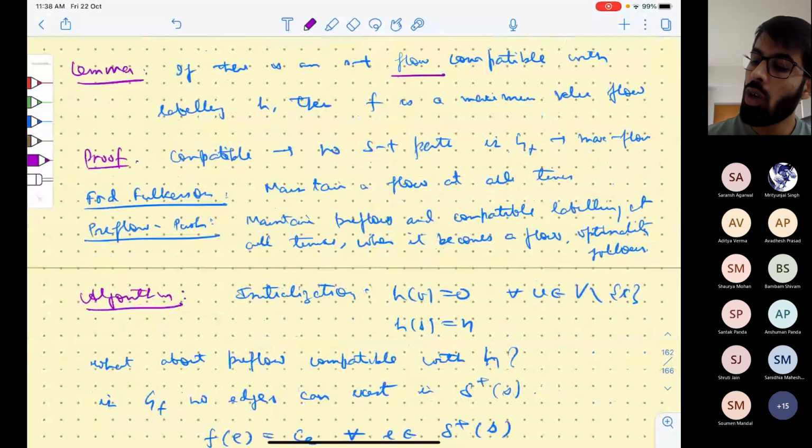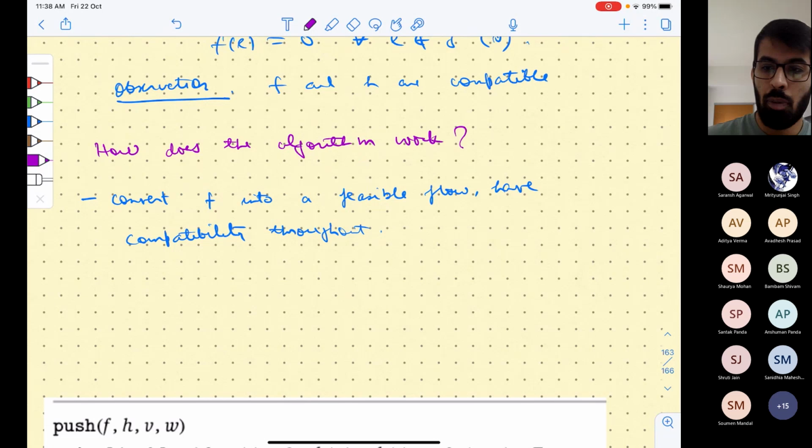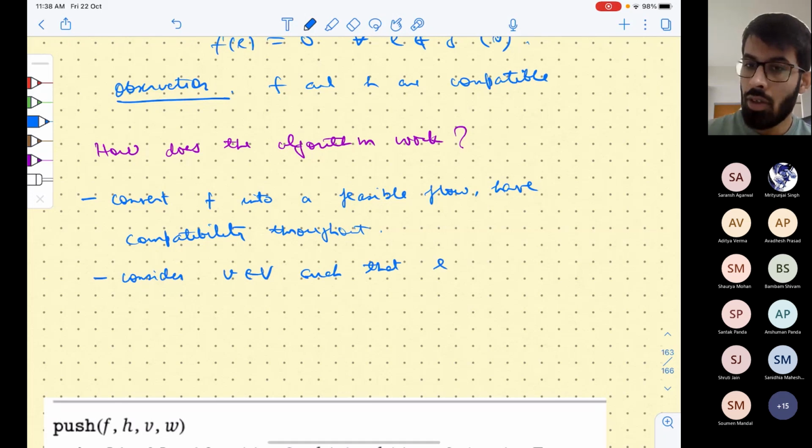So what should we do? We look at the nodes which have positive excess, and then we try to push something out from there, right? So consider V in V such that the excess of F of V is greater than 0.